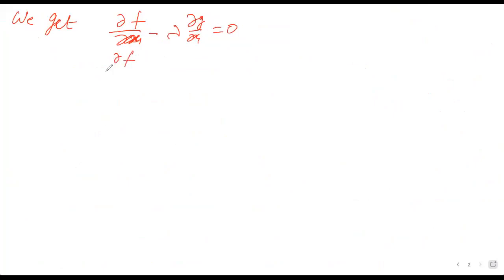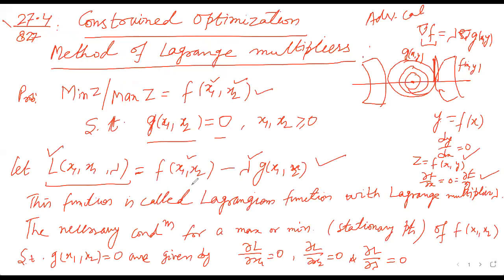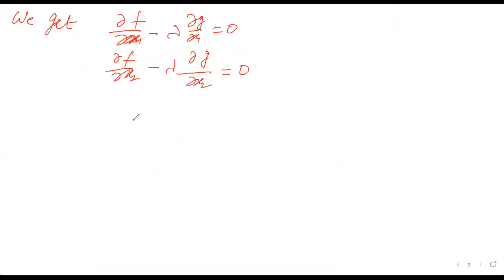Then del f over del x2 minus lambda del g over del x2 is equal to 0, and when you will take del L over del lambda तो क्या होगा? These will be treated as a constant. So this is 0. You get g of x1, x2 is equal to 0, है ना?